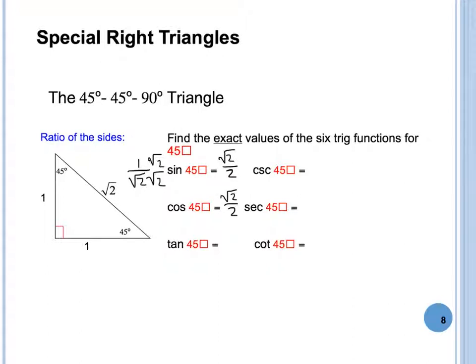And tangent, we could do square root of 2 over 2 divided by square root of 2 over 2, or we could look at the fact that it's opposite over adjacent, which would be 1 over 1, also known as 1. With our reciprocal functions, I'm going to go back to the original 1 over the square root of 2 and flip that, and then secant's going to do the same thing, and then cotangent gives us a 1 again.